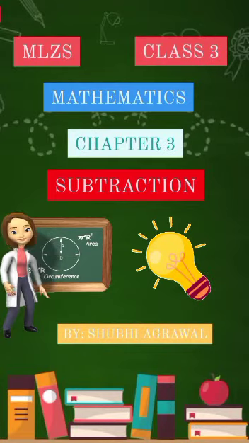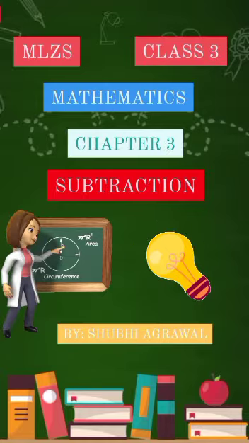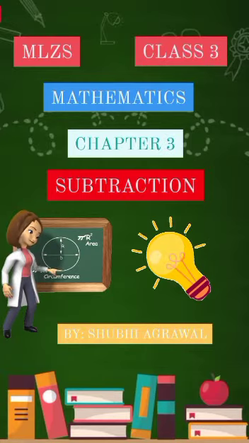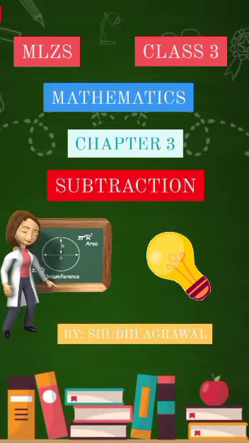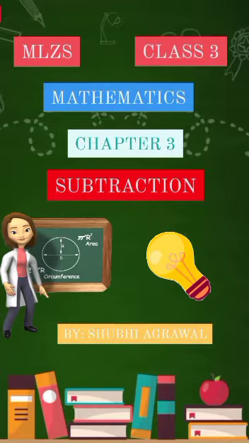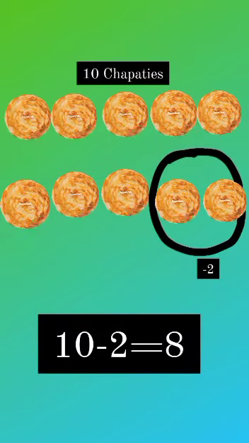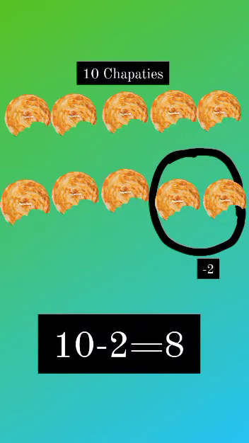But before beginning with our today's topic, let me ask you, have you had your breakfast today? I had my breakfast. Okay. So, can you tell me how many chapatis did you eat? Let me give you one example.